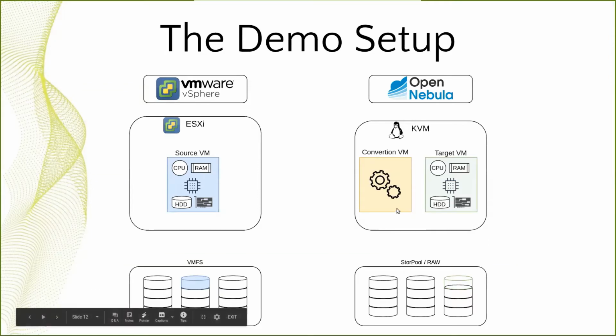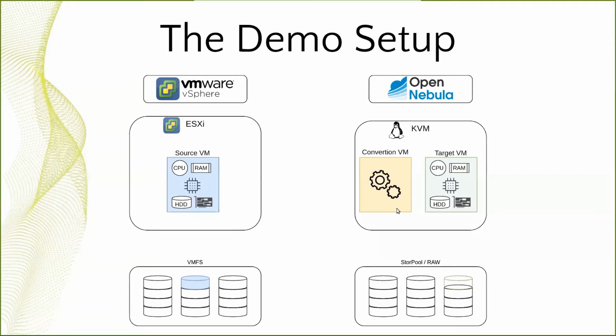And we have one more virtual machine, we'll call it the conversion virtual machine. This is a Linux virtual machine that has all the tools needed for the migration installed there. So we don't need to install any third-party tools on our KVM hypervisor.